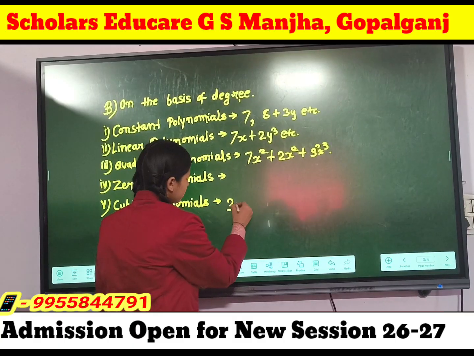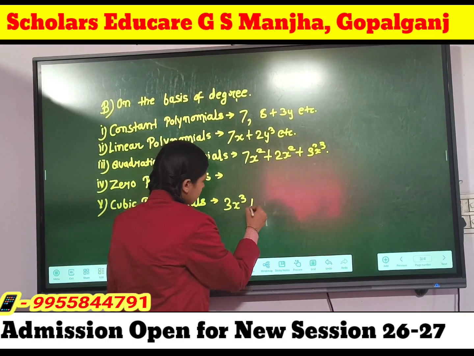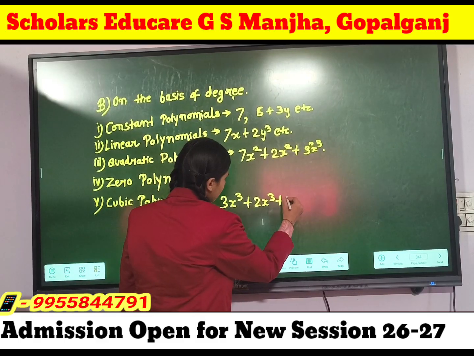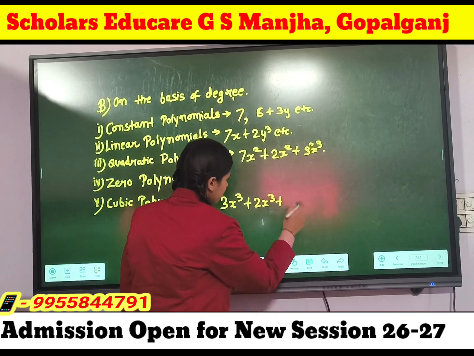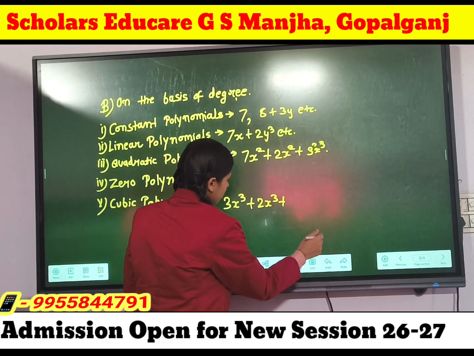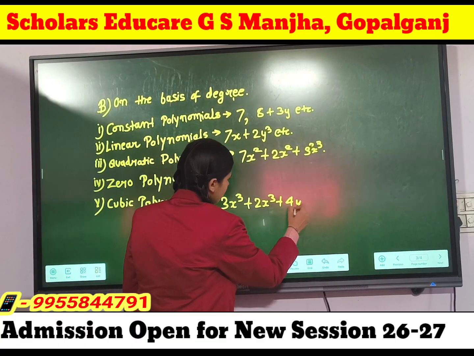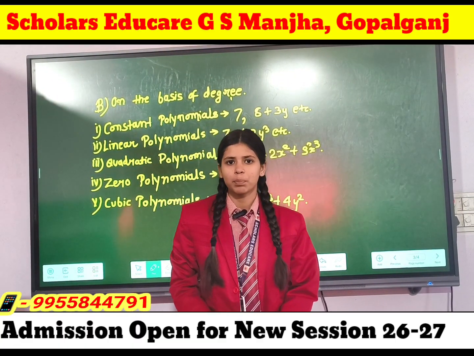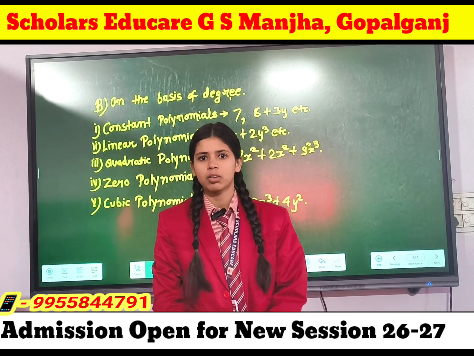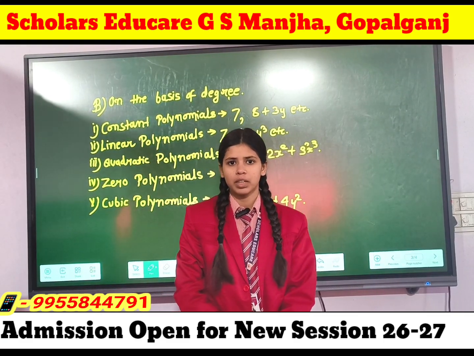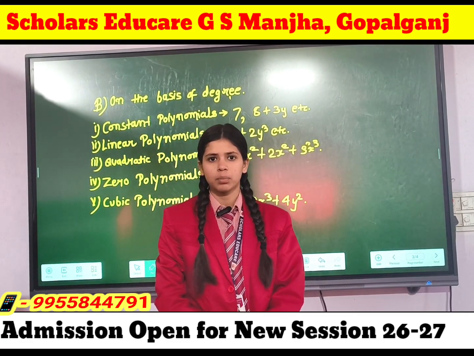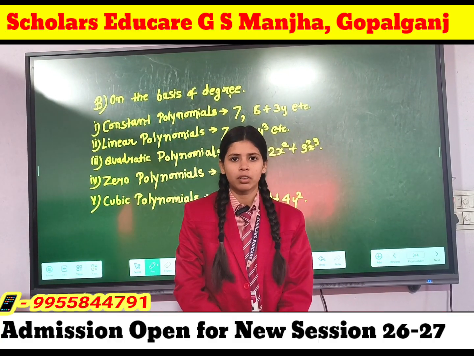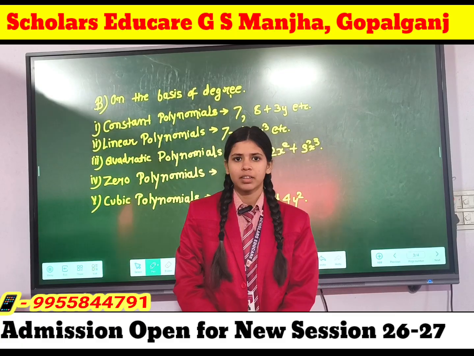For example, this was all about polynomials, and we studied about classification of polynomials, degree of polynomials, and polynomials in one variable in this class. Now we will know more about it in further classes. Thanks.